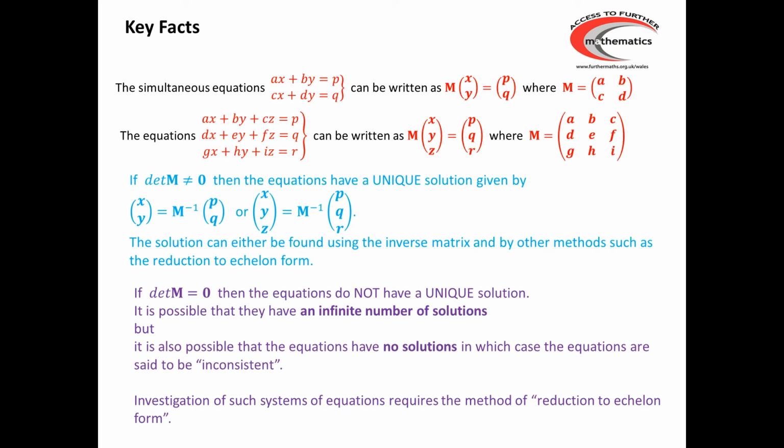It's possible that the system of equations may have an infinite number of solutions, but it's also possible that the equations will have no solutions at all, in which case the equations are said to be inconsistent. If the determinant of M equals naught, there's no chance of finding an inverse matrix, so to solve such systems of equations we've got to use the reduction to echelon form method.